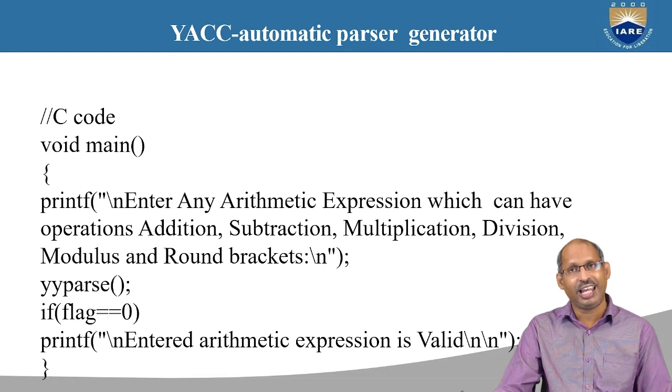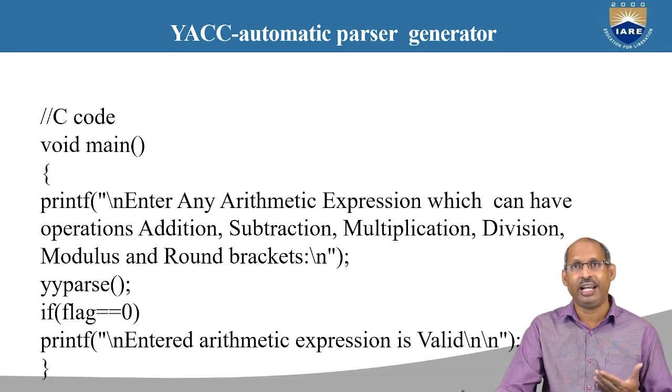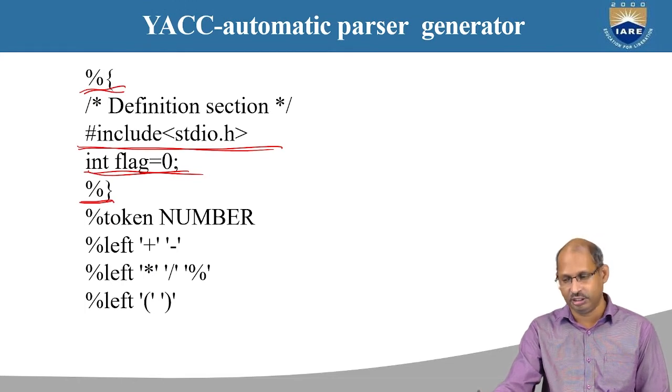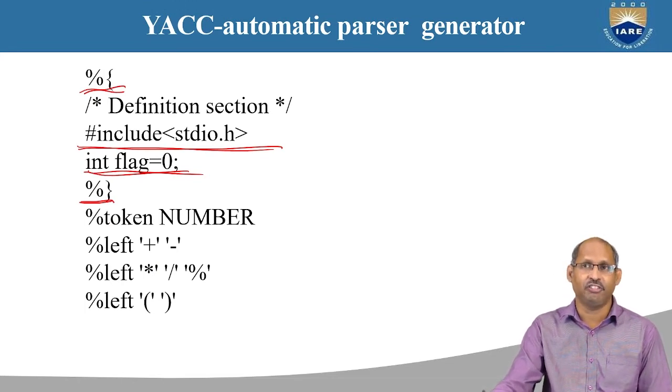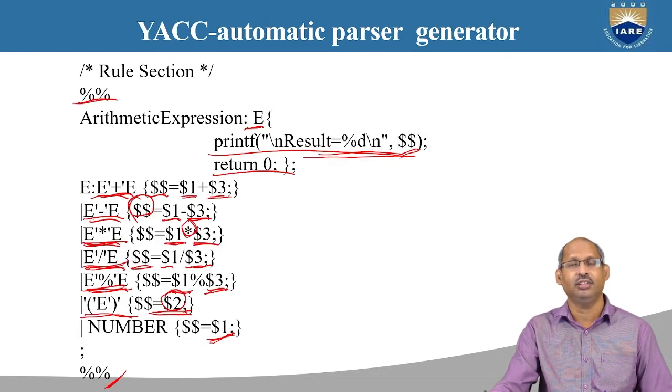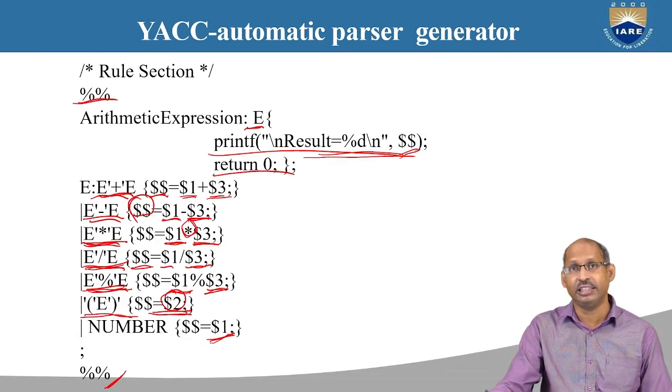So here the input file for the another compiler will have three sections. So first is the definition section. Normally whatever we require, we declare the C declarations. Then the second section is the rule section.